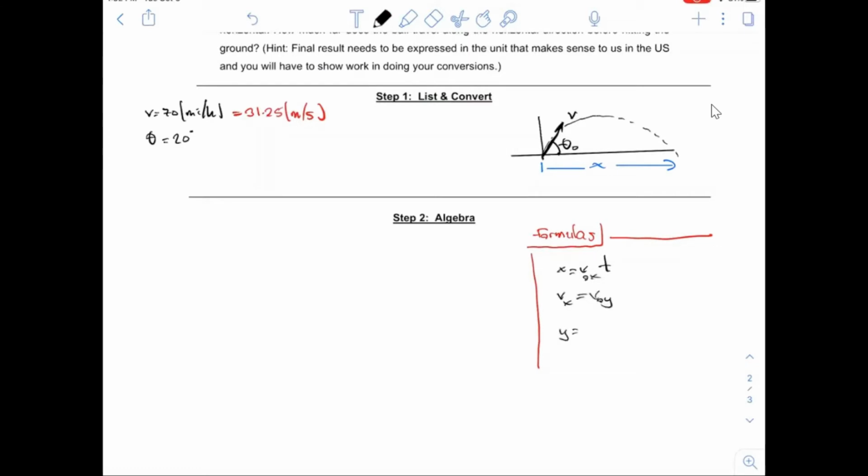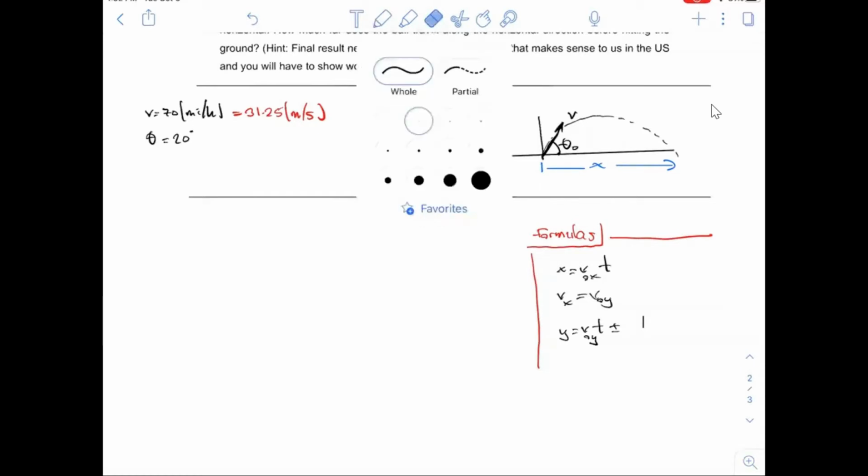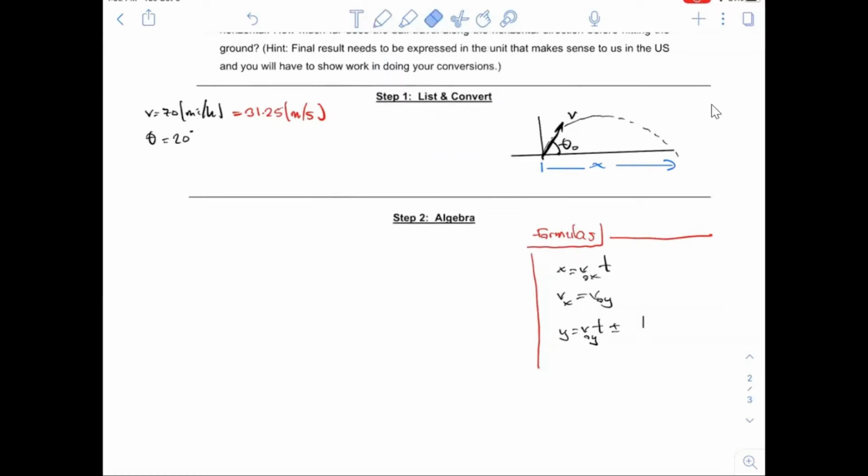Along the y direction, you have the free fall equations, plus or minus: y equals initial speed times time plus or minus 1/2 g t squared; final speed equals initial speed plus or minus g t; and final speed squared equals initial speed squared plus or minus 2 g y. These are the full projectile motion equations.